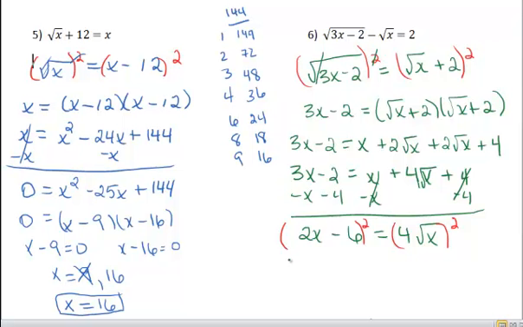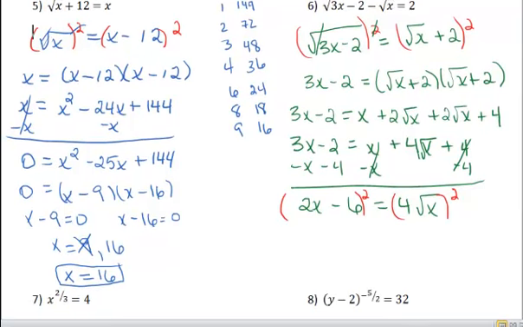On the left, since I'm running out of room, let's see if I can scroll a little bit. Not too much. I'll go ahead and square this one for you. So you're going to get something like 4x squared minus 24x plus 36. And on the right, square all of this. 4 squared would give you 16.